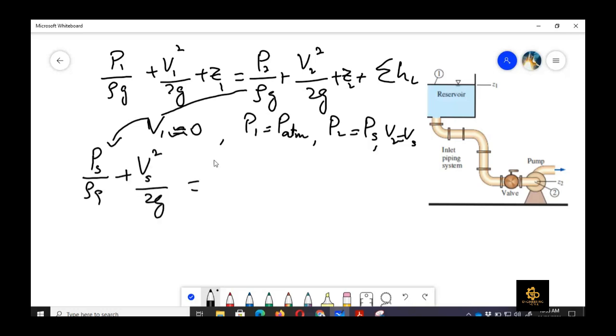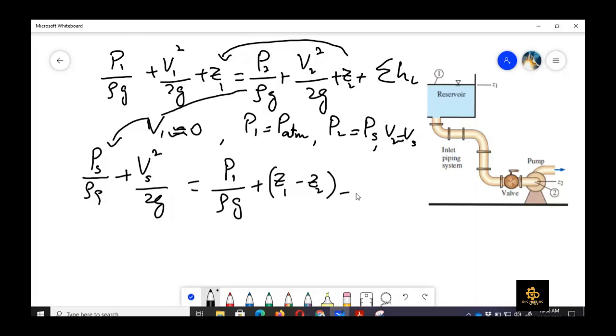And now on the right hand side it would be P1 upon rho g plus Z1, plus Z2 and plus HL on the other side. So when Z2 goes across, it becomes Z1 minus Z2, and it becomes minus HL. I hope that this point is clear.